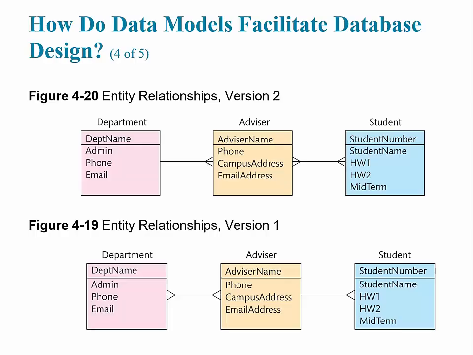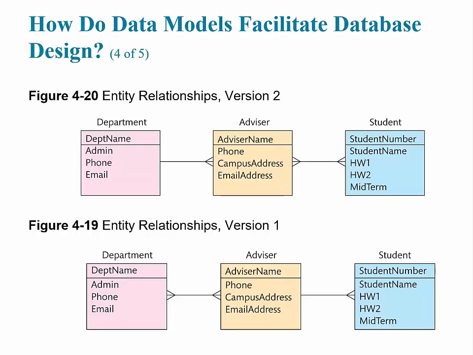Even though you have exactly the same entities, same tables, sometimes depending on how you define your relationship, your interpretation can be different. For example, a department can have multiple advisors. That's the top one, version 2. So that's how we interpret it: a department can have many advisors, and an advisor can have many students.